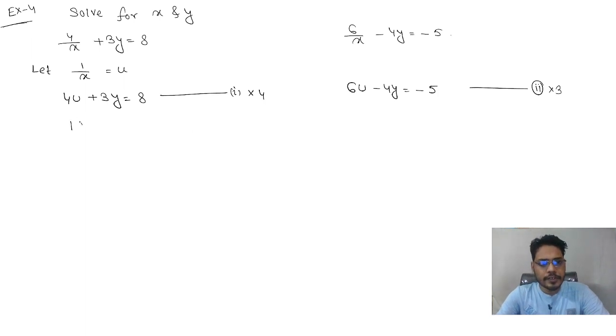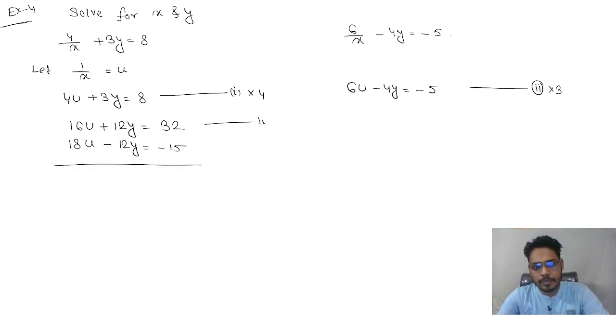So here it will be 16u plus 12y is equal to 32, and 18u minus 12y is equal to minus 15. Now this will be equation number 3 and this will be equation number 4.